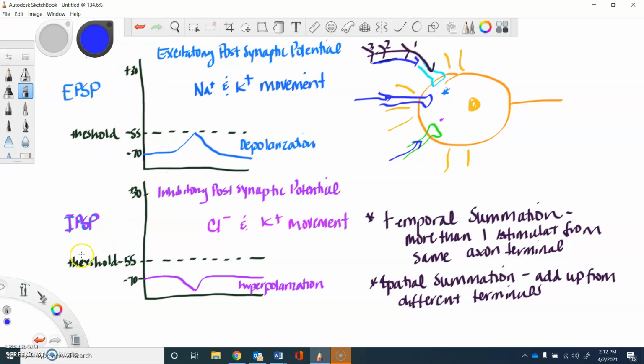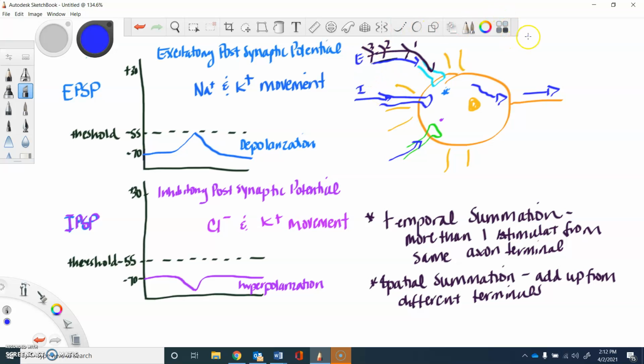Okay, so we know we have excitatory ones and inhibitory ones, and we can sum those together. Let's say these are all excitatory. That's going to make a higher or stronger graded potential, and it's going to be more apt to get here to trigger an action potential along this neuron. But let's say I sum up some excitatories and some inhibitories together, that could actually cancel each other out.